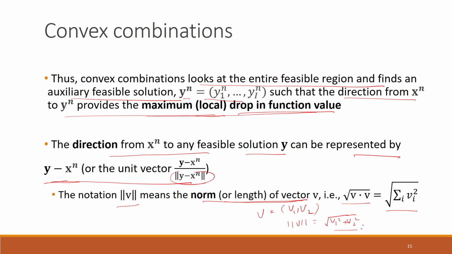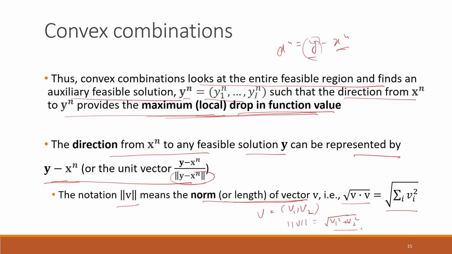Today we will be ending with this discussion, that the descent direction dn that we want to determine will be given by this y minus xn, and this y is the point that we want to determine. Xn we currently know.